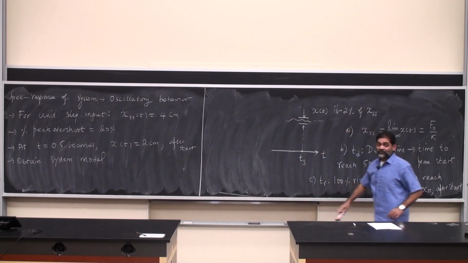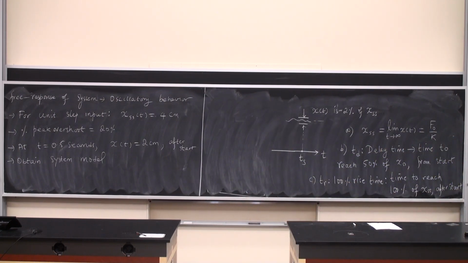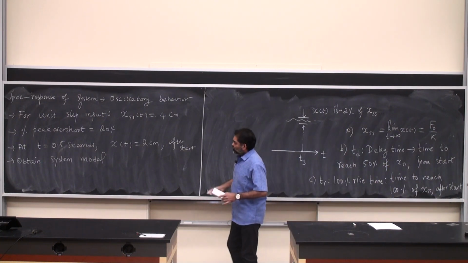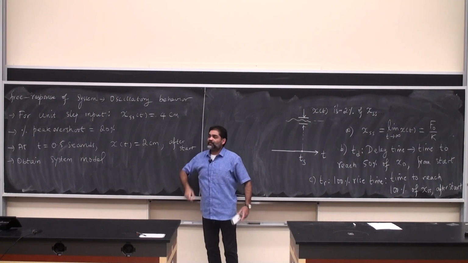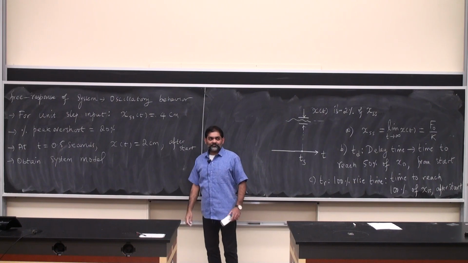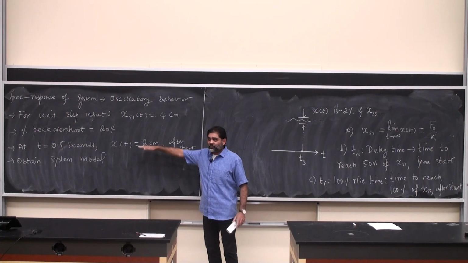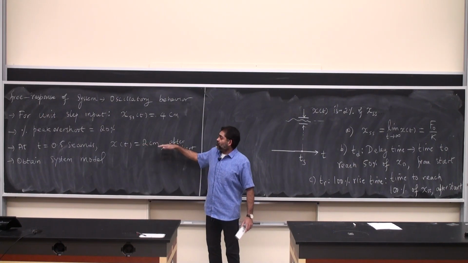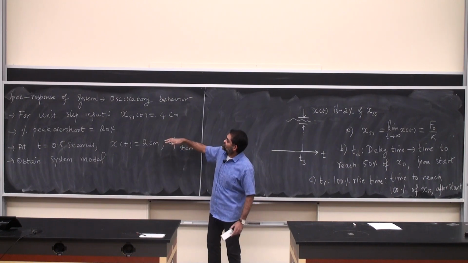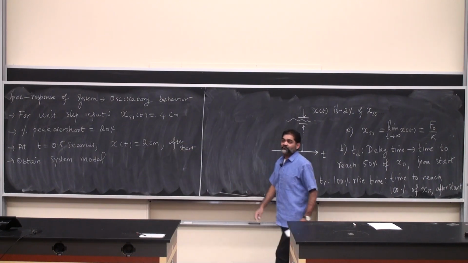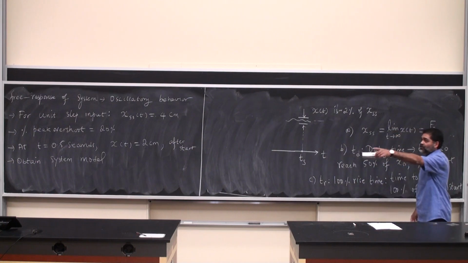Before I erase everything, a question. What do you think this statement is telling us? The statement that at half a second, I am at x of t of 2 centimeters, what does that tell me? Yes? The rise time?